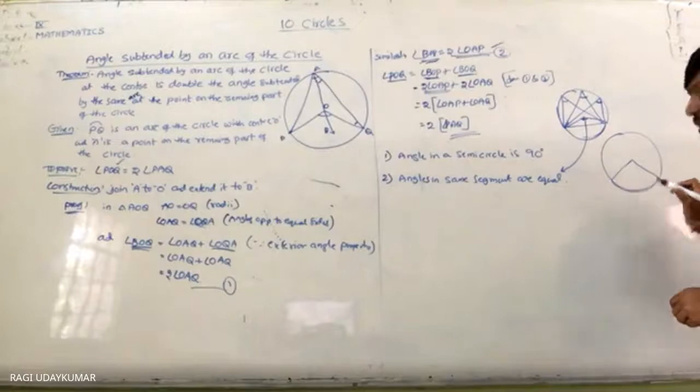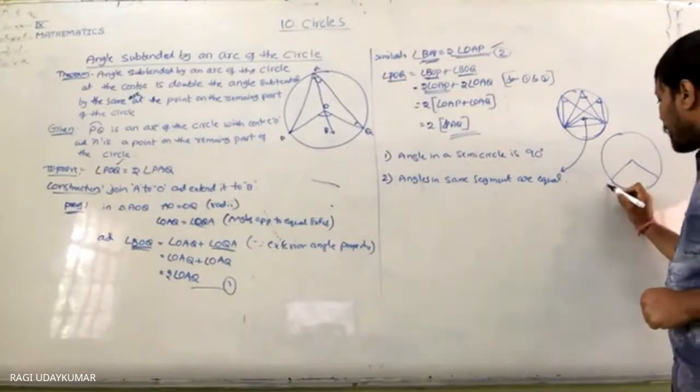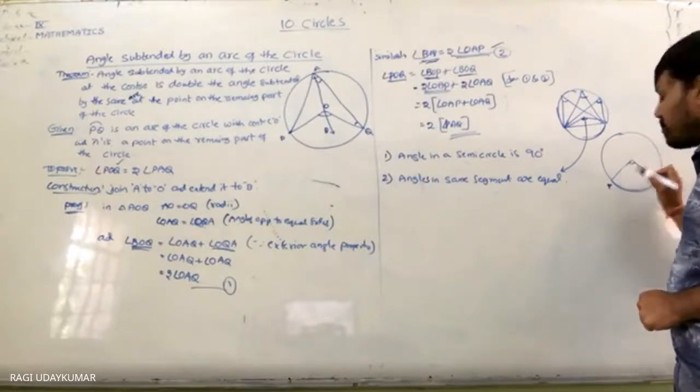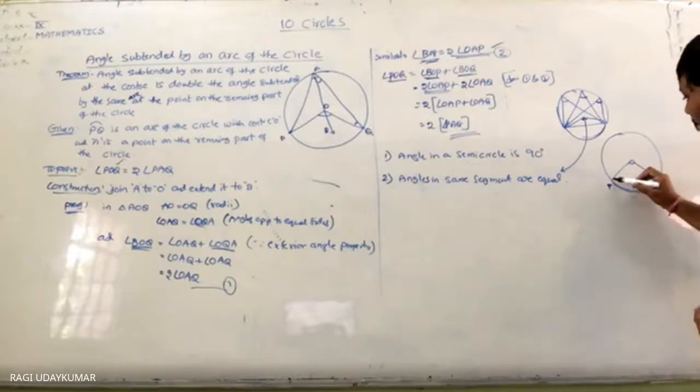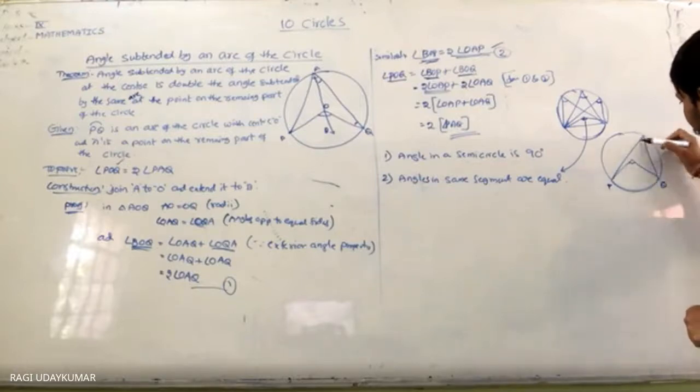Main theorem हमारा theorem क्या है? ये if you are taking an arc, this is an arc of the circle. ये arc whatever the angle it is making, ये angle इससे double होता है.